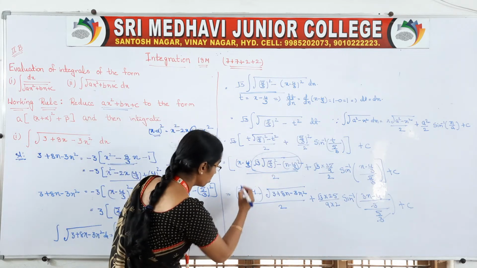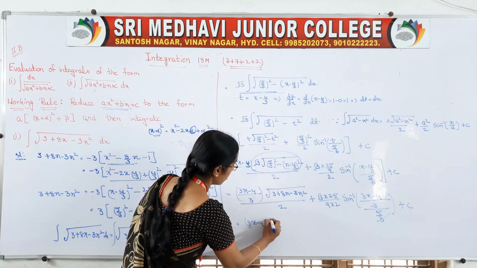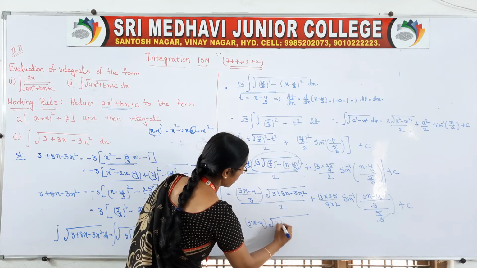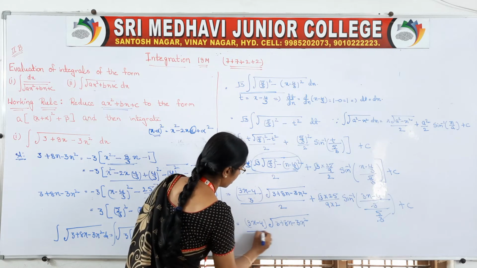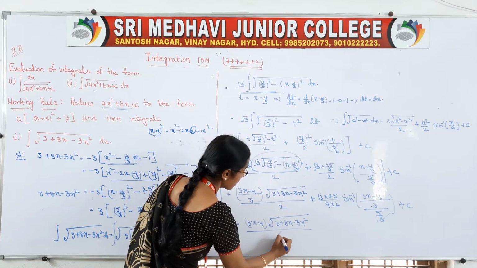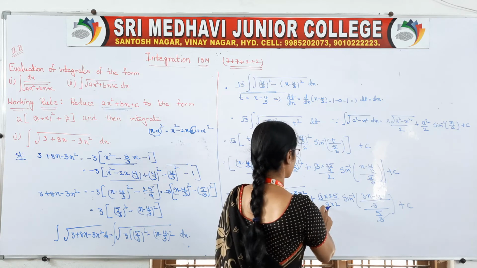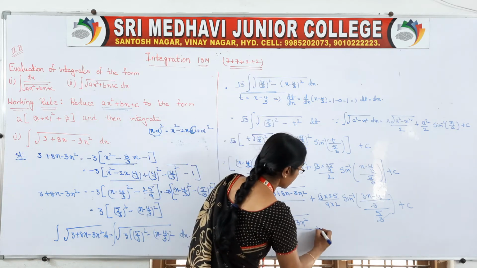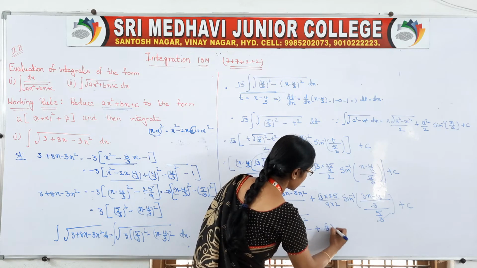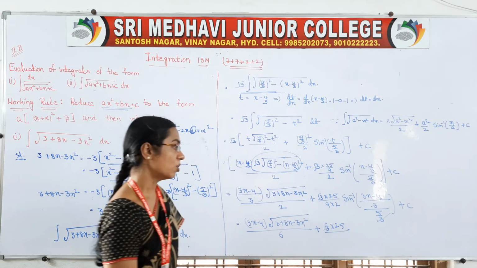So it is equal to 3x minus 4 into root of 3 plus 8x minus 3x² by 3 2s are 6. And here 9 we can write as 3 into 3. So it is root 3 into 25, we can write this as 3 into 3.